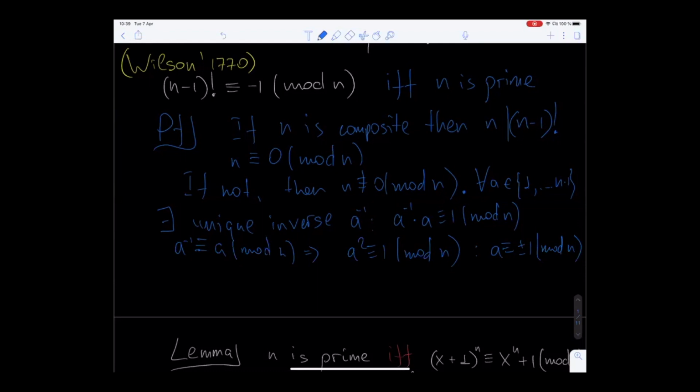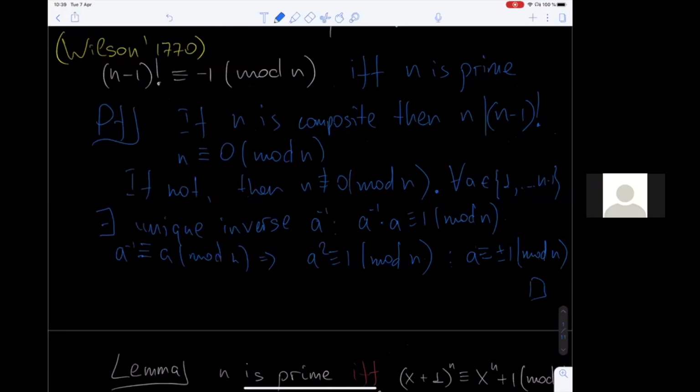This is why you get minus 1 mod n. And also 1, but 1 doesn't influence it. So we split (n-1) factorial into pairs and have only minus 1 left. Okay, so this is Wilson's result.